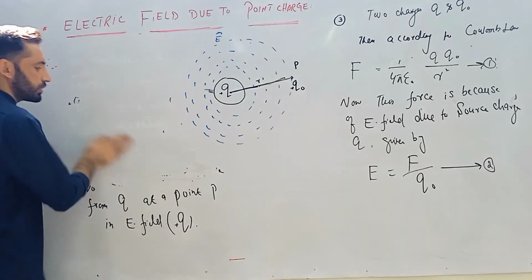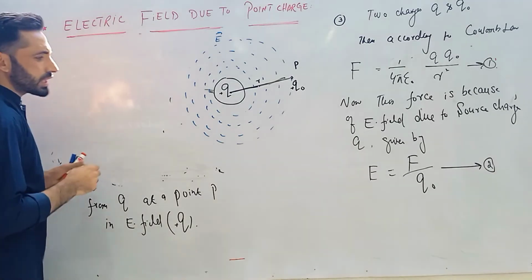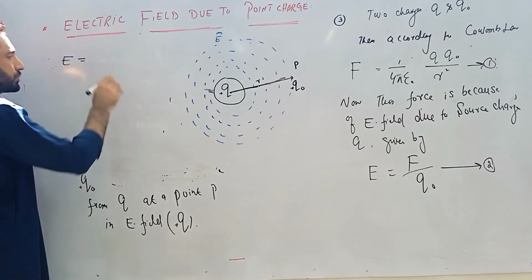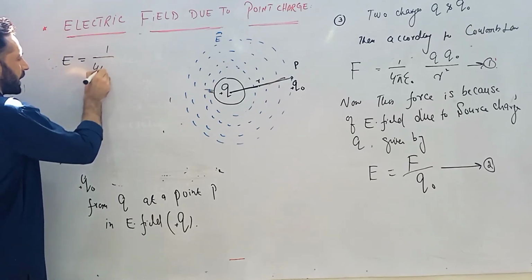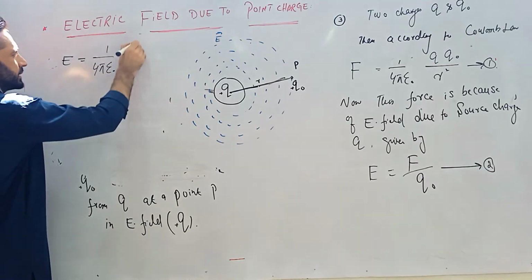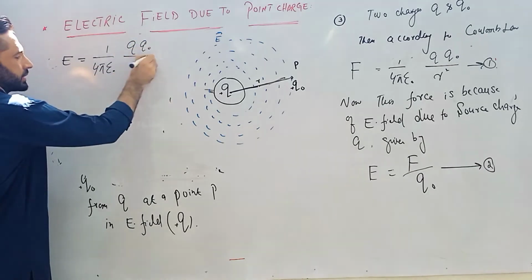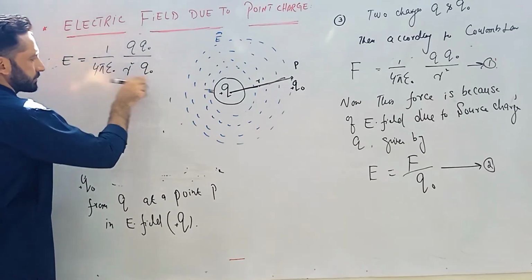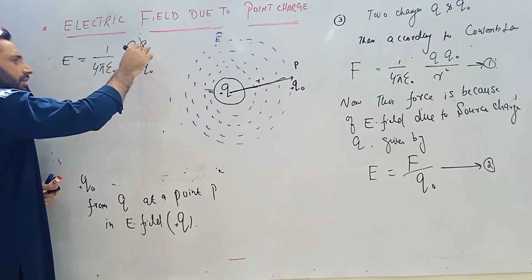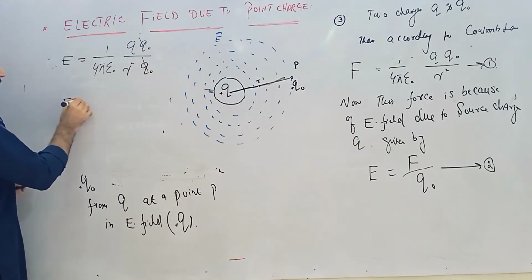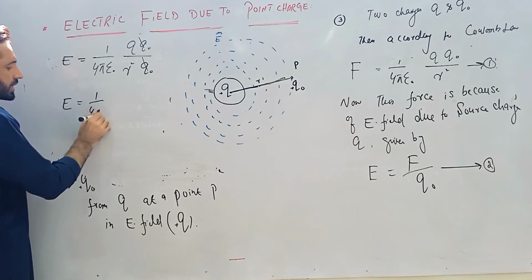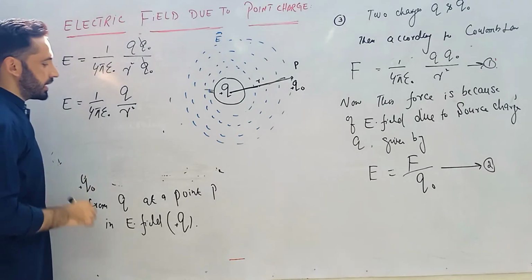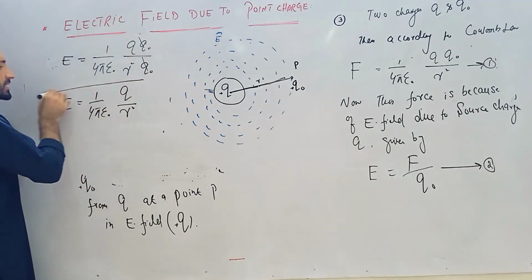So the electric field is equal to 1/4 pi epsilon naught, Q Q naught divided by R square, divided by Q naught. Q naught cancels out, and the electric field due to a point charge or source charge equals Q divided by R square.